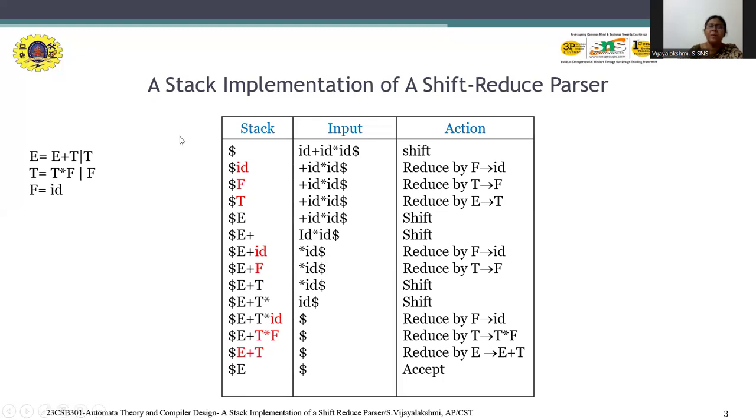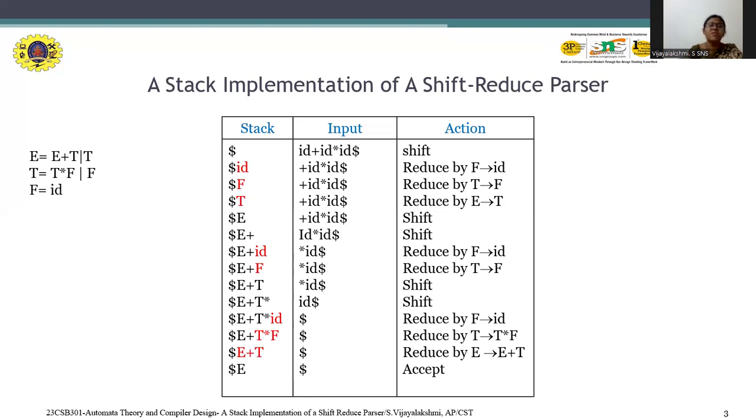So we implement the stack implementation, assigning stack, input and action. The input string is ID plus ID star ID, where dollar marks the end of the input.